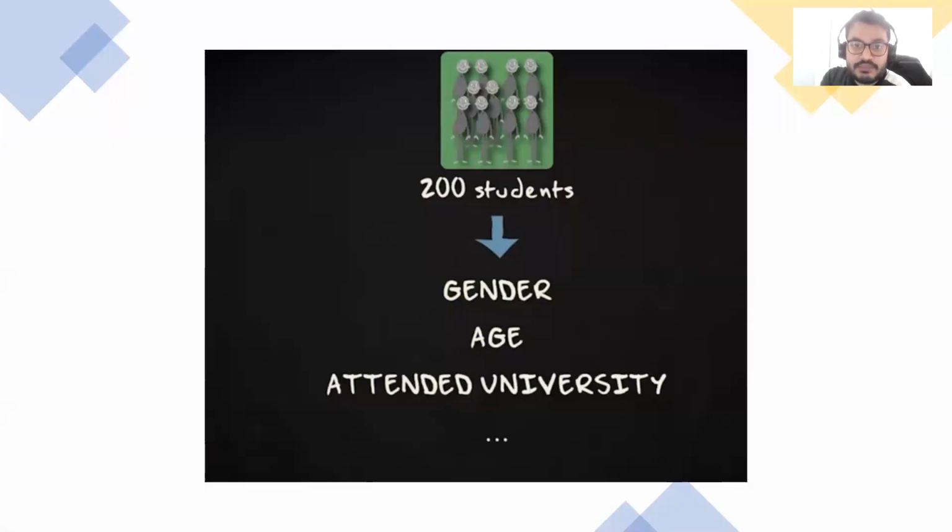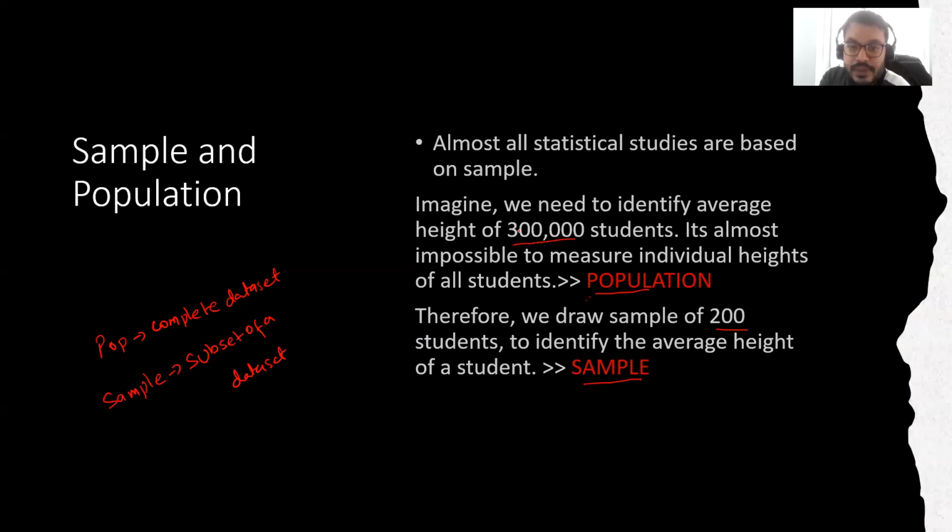Let's say we took a sample of 200 students. Those 200 students should represent all the students in the 300,000 range.